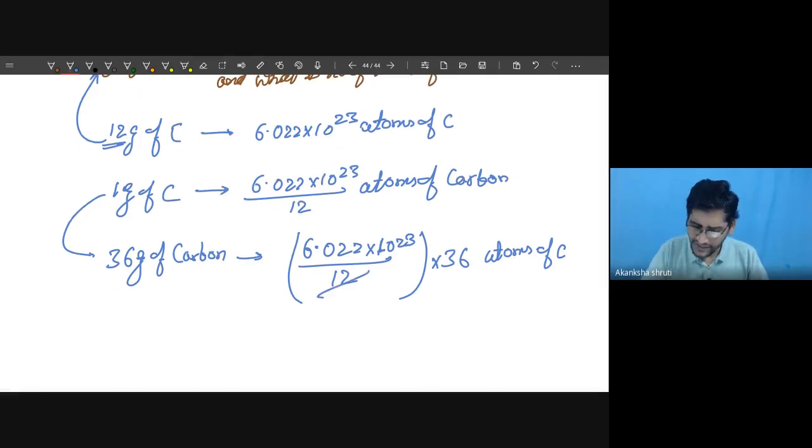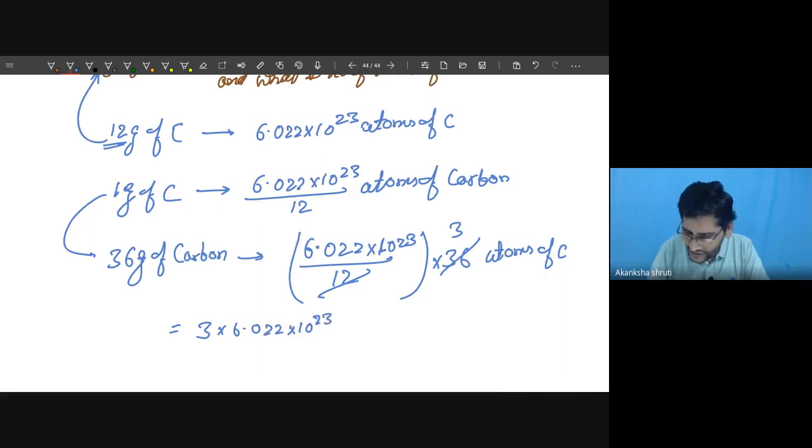Now this 12 and 36 can be cancelled by 3 times. So this is equal to 3 into 6.022 into 10 to the power 23 atoms of carbon. Getting it, student?